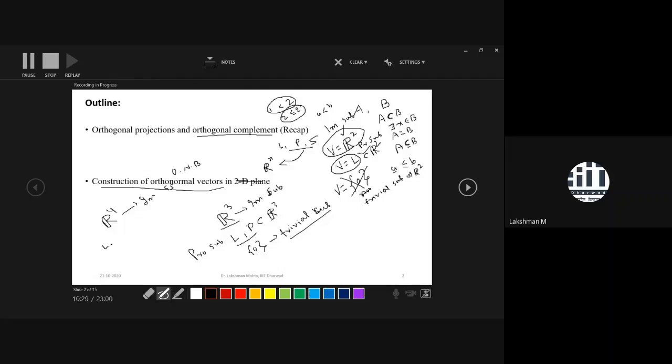Simplest, you can take a line, a plane, or any three-dimensional subspace. These are proper subspaces in R4.